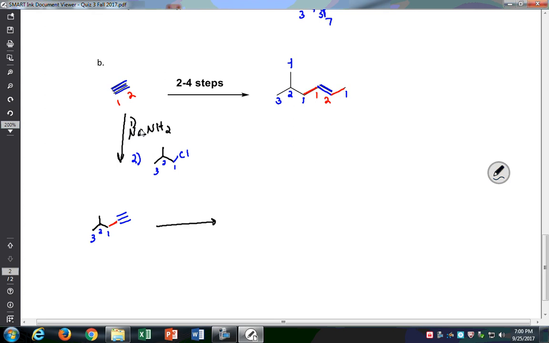I can then do this again. And in this case, I have a methyl halide, because this carbon is just a CH3. So great.